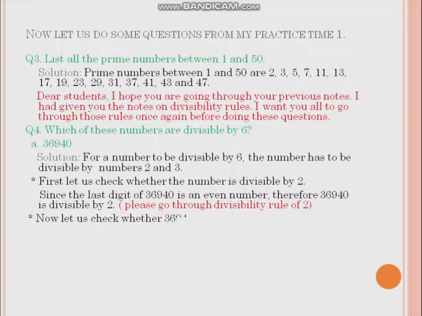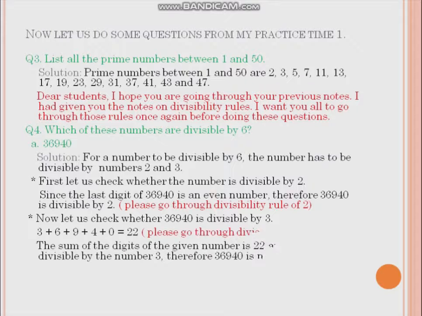Now moving on, let us check whether 36,940 is divisible by 3 or not. So you have to add the digits of this number, and the sum should be divisible by 3. If you don't know the divisibility criteria of 3, then please go through it.